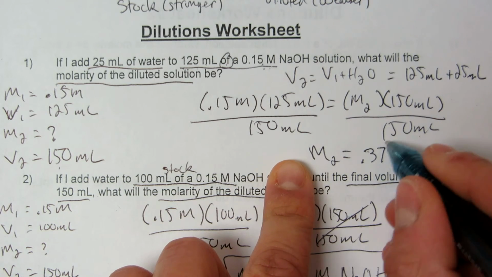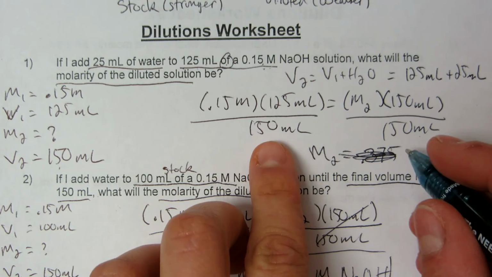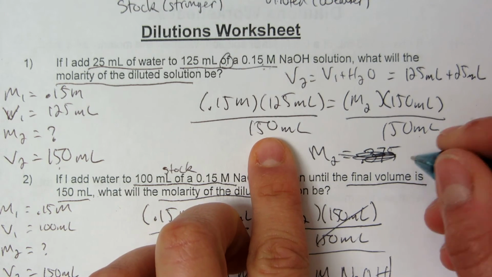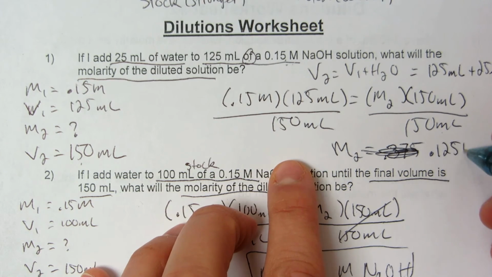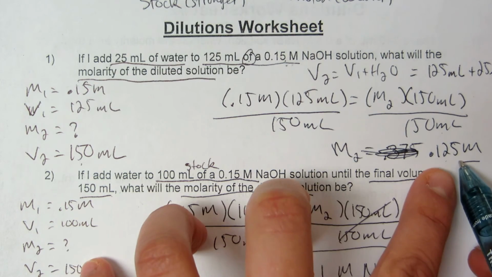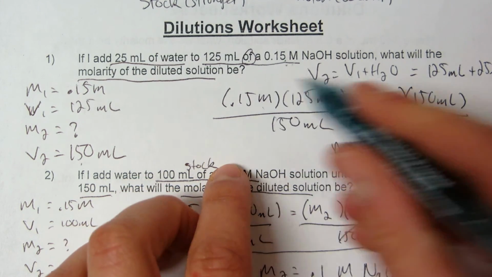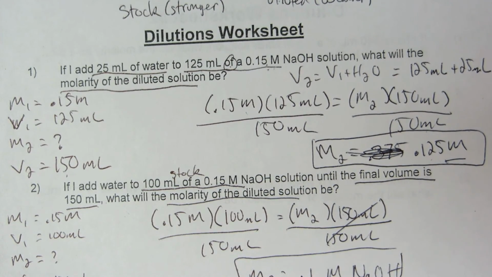Actually, hold on. I think I typed that wrong in my calculator. 0.15 times 125 divided by 150, you would get, sorry about that, 0.125. And that is weaker. So I got a bigger number before, and I'm like, that can't be right. So this number ends up being smaller than the M1. So that is your answer.